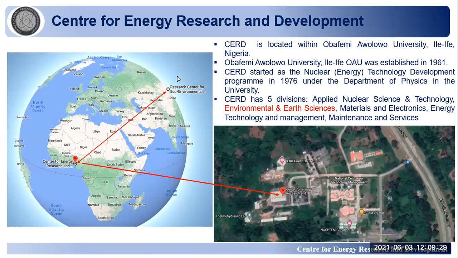Presently I work with the Center for Energy Research and Development, located in Obafemi Awolowo University, as you heard in the introduction. The university was created in 1961, while the center was created in 1976. The center has 5 divisions, one of which is environmental and earth sciences, where I work presently.